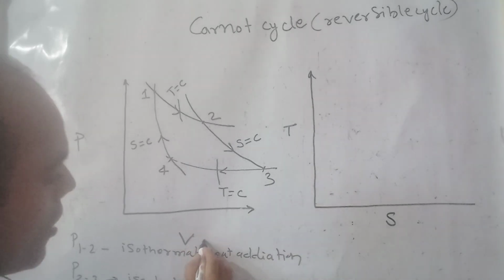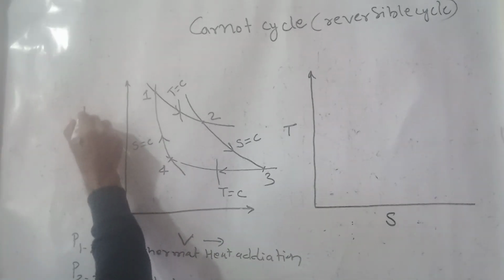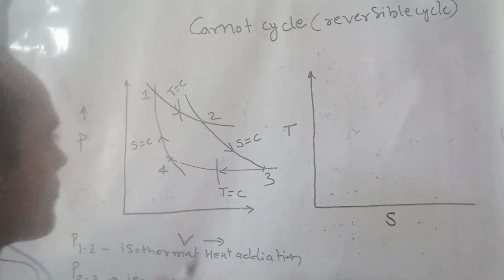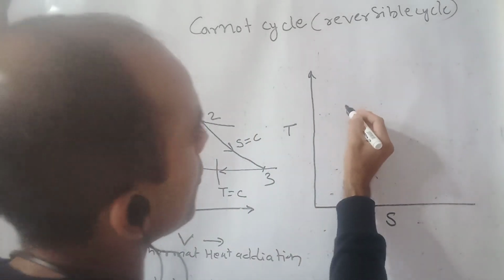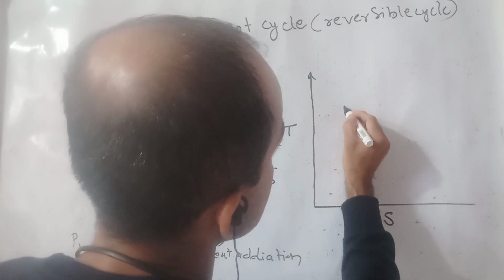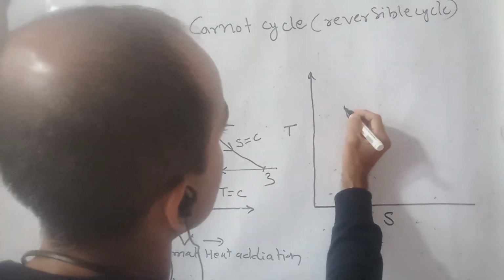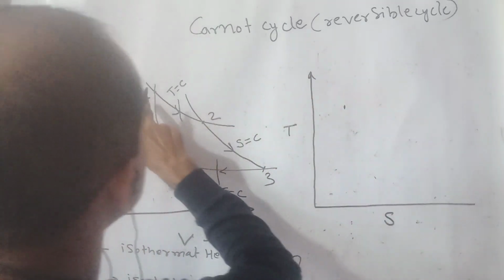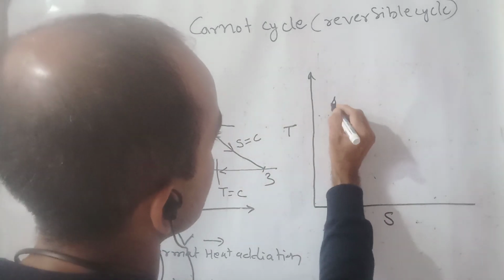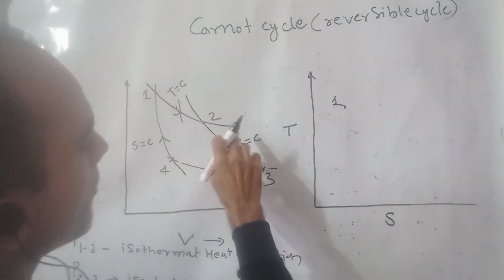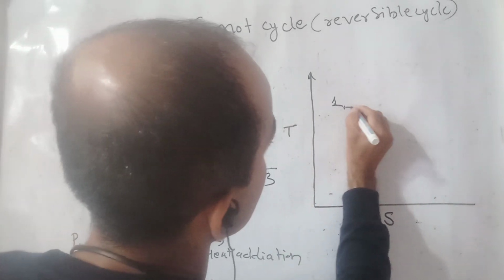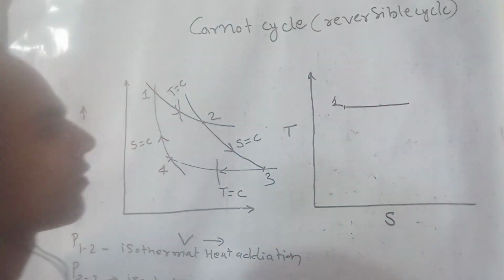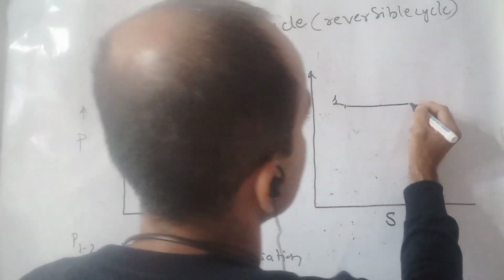Now see how we can represent them on the TS diagram. Process 1 to 2 is an isothermal process, meaning temperature remains constant. So I am taking point 1 over here. Since it is a constant temperature line, and this is the temperature axis, the line will go straight, horizontal.